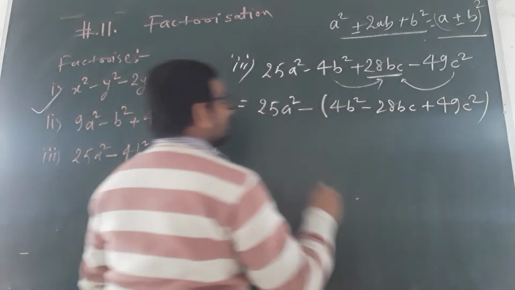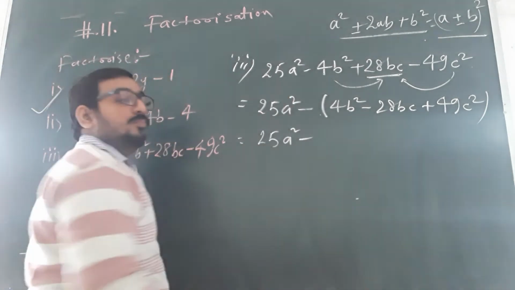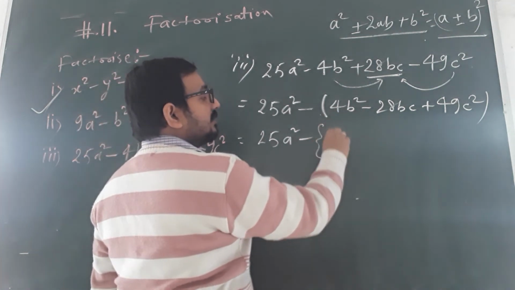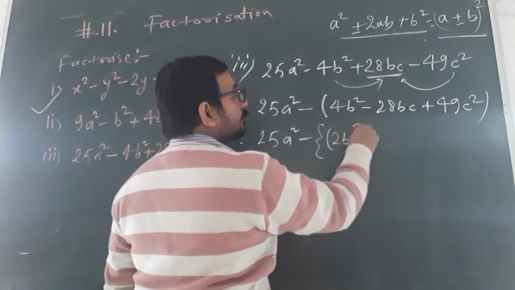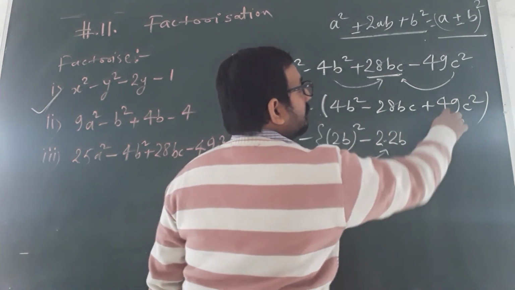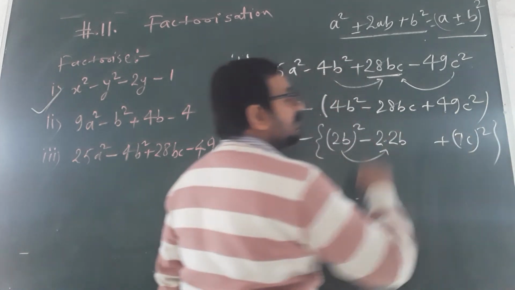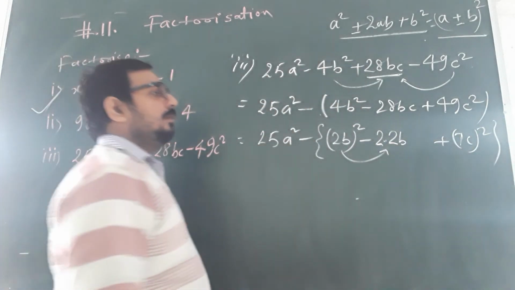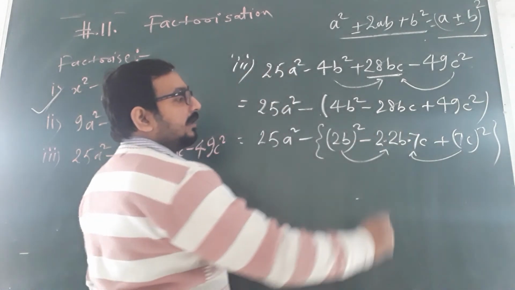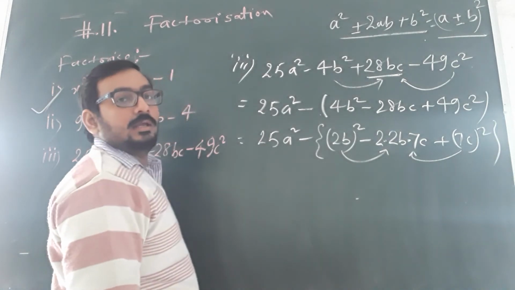Now see, this one is 25a squared, this small bracket changes into a curly bracket. Now this 4b squared is written as (2b) whole squared minus 2, a means 2b, and this one is written as (7c) whole squared. It represents b squared, so from b squared we take b, 7c. Now multiply, 2 twos are 4, 4 into 7 becomes 28.